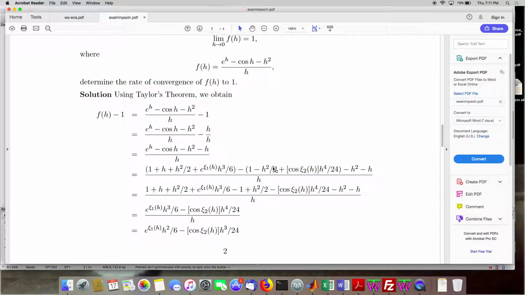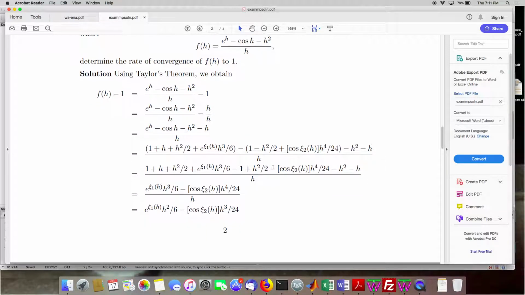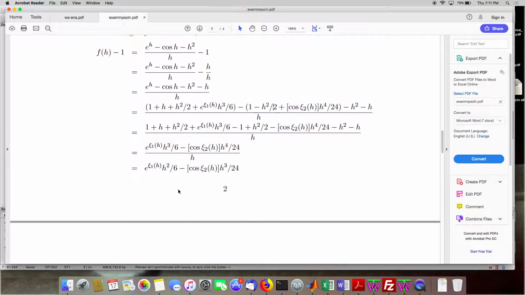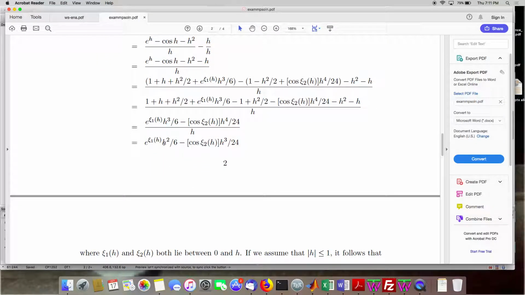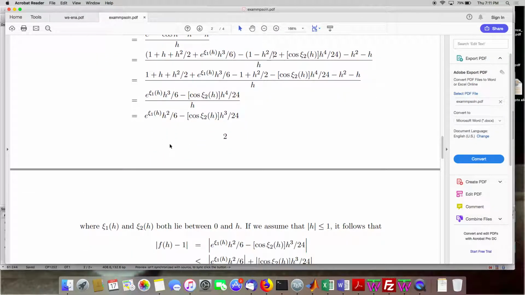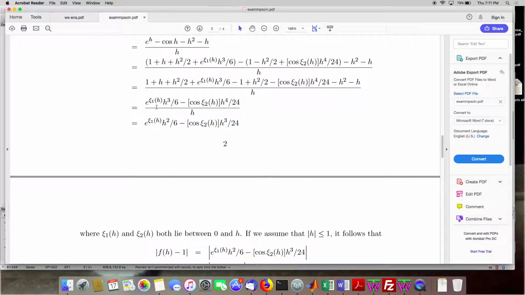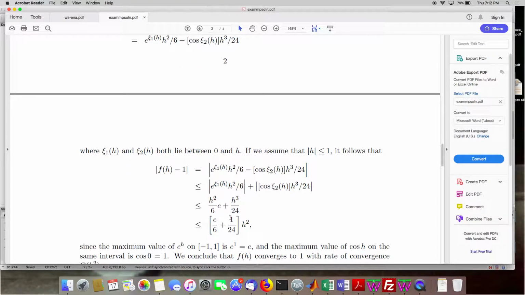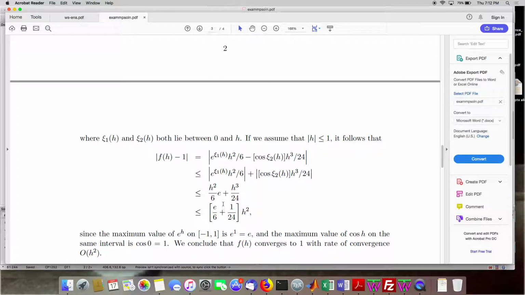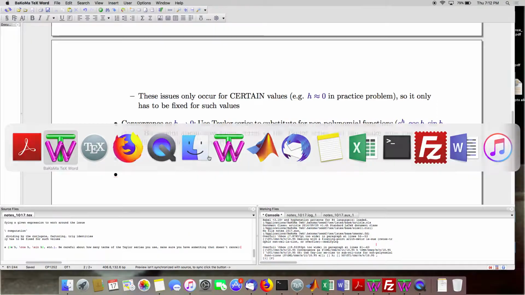That means you didn't go out far enough. Once you get down to this point, it's really the lowest power of h that's going to win. So here I had everything over h, so I simplify that, and I get h squared. And so that indicates a rate of convergence. And all I'm looking for is the rate of convergence, so let me point that out.